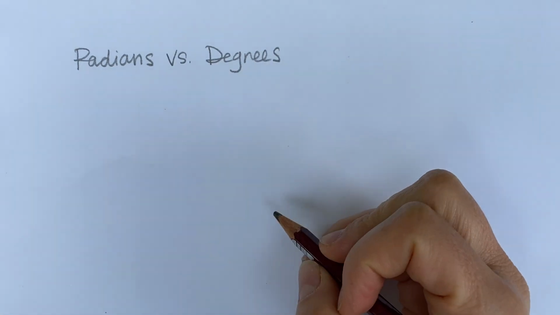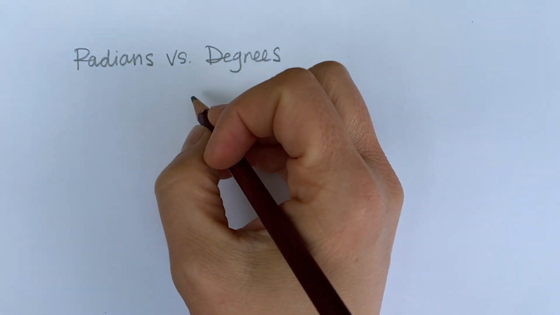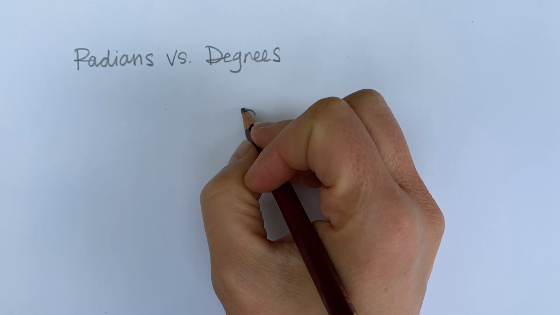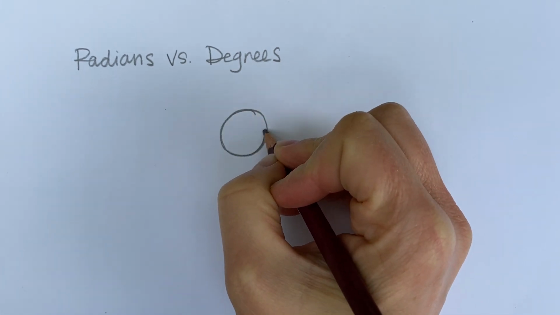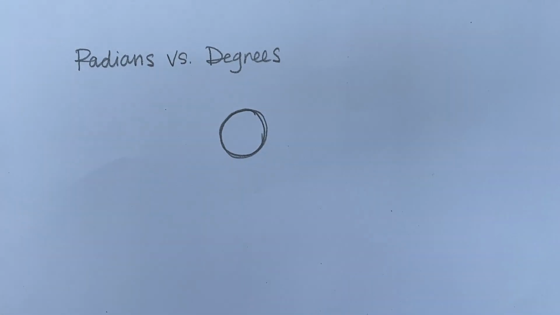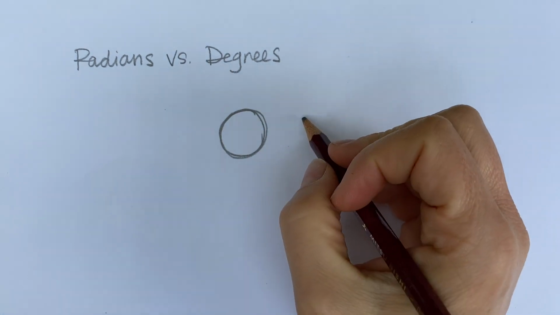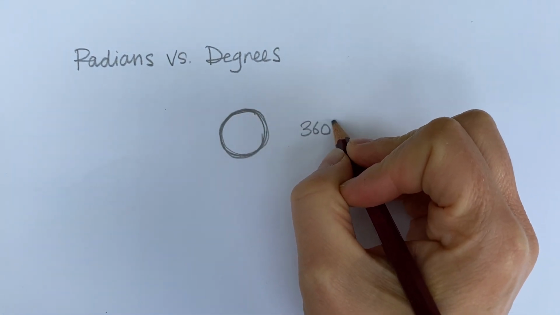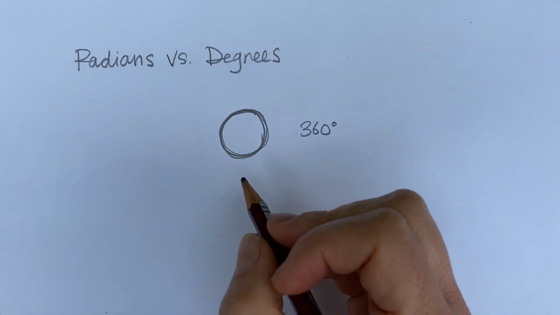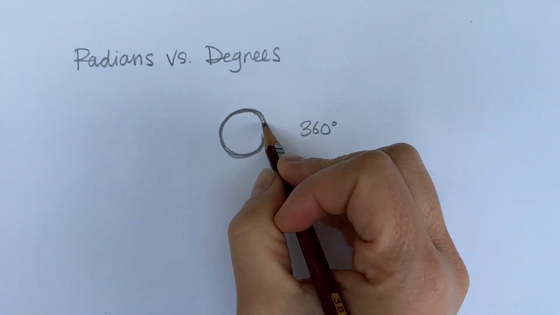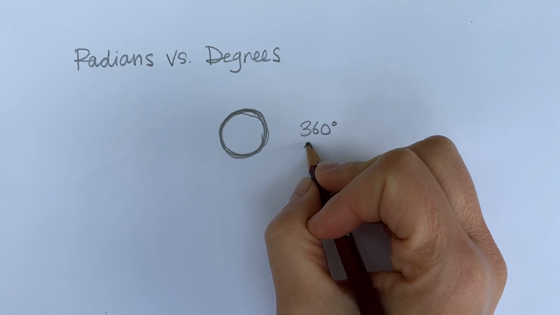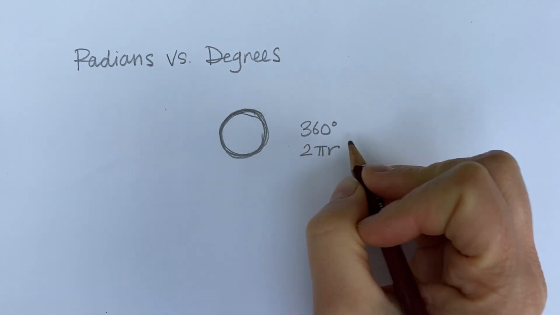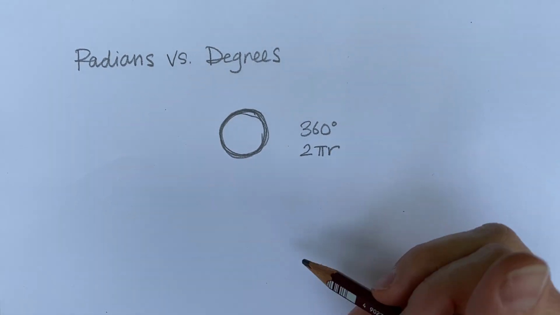Hello, Honors Pre-Calc. So we're back, and we're back because hopefully you saw that one rotation around a circle can be measured as an angle as 360 degrees. Or if you're thinking about circumference and length, we could call that 2 pi r, where r is the radius.